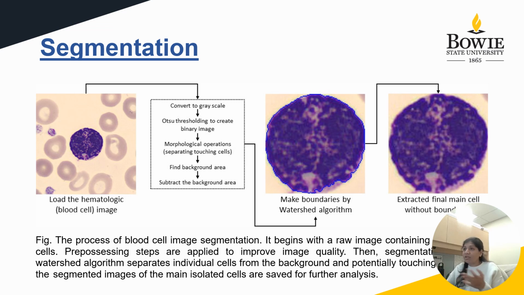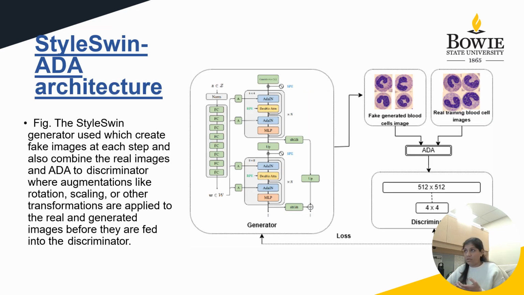After extracting the cells, this is the method diagram. Through this diagram, I am showing the method which we used. This figure shows the workflow diagram of the StyleSwin-ADA architecture. The generator which we used is the same StyleSwin generator.